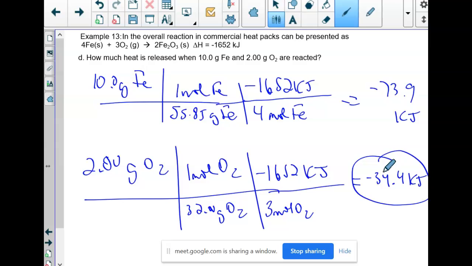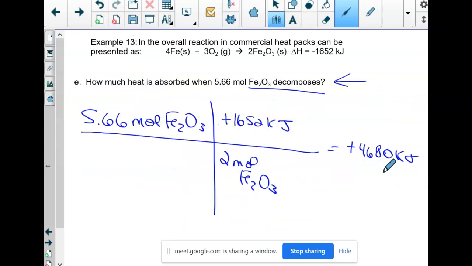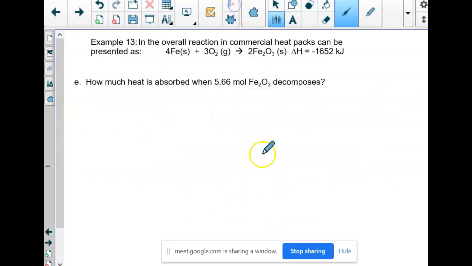All right, let's look at E. No questions yet? Okay, so what do we have? We're given a number of 566. You're going to find these to be a little bit easier once you get working on them. Fe2O3.